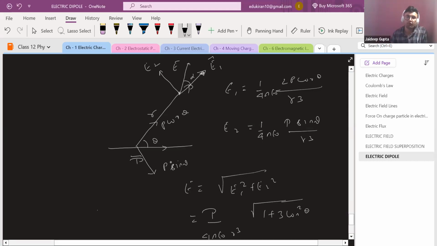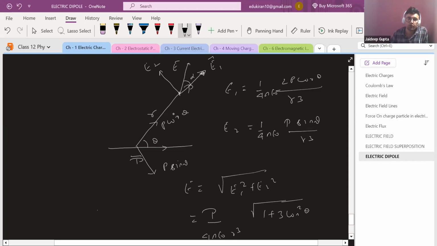Is it okay? Now, what did I do in this derivation? I just simply resolved the dipole moment in two components, along the axial, that is P cos theta, and perpendicular to the dipole axis, that is P sin theta. R is the distance from the dipole. We have to calculate the electric field at point P. So due to P cos theta, there would be an electric field, means axial component.